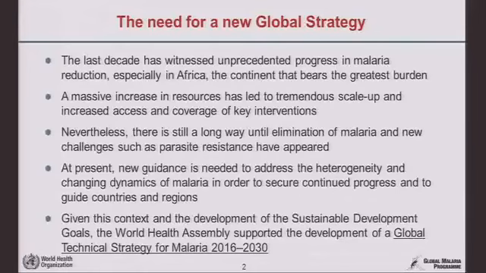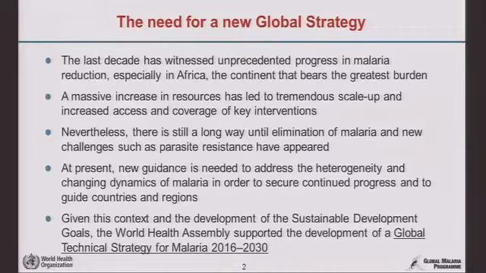So, why do we need a new global technical strategy? Well, for a good number of reasons. First of all, the last decade, in fact, more than a decade, has witnessed unprecedented progress in malaria, both in terms of disease reduction and progress towards elimination in some parts of the world.